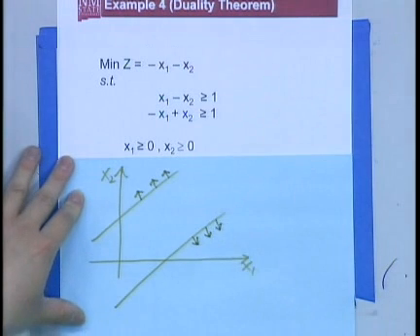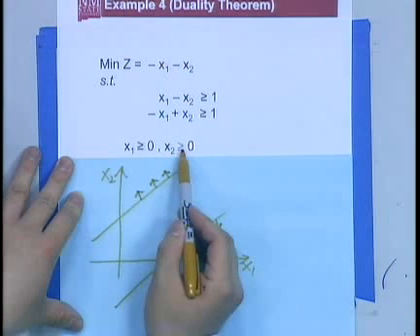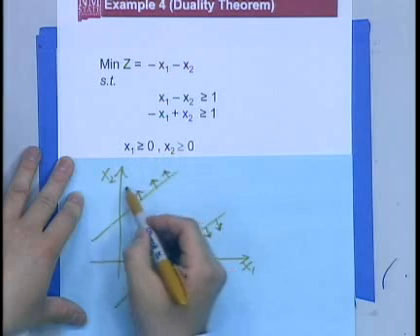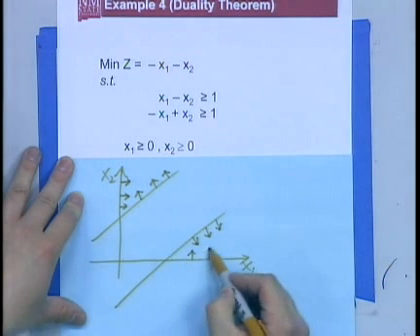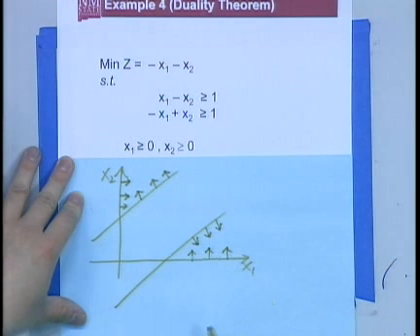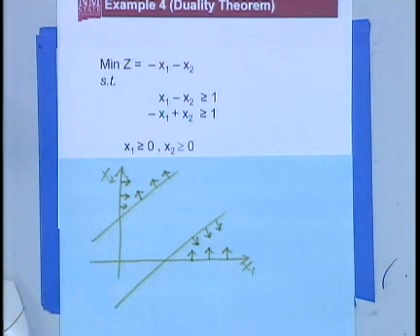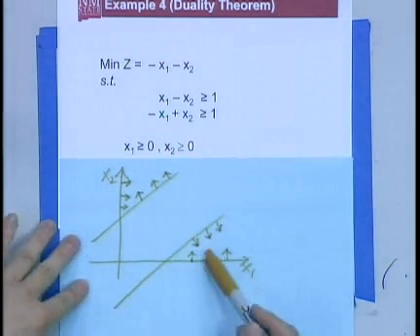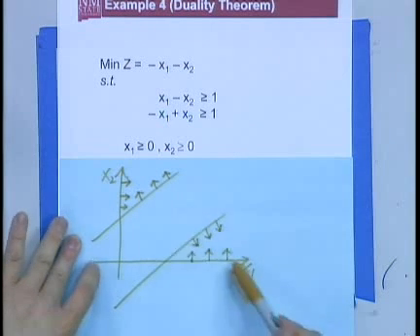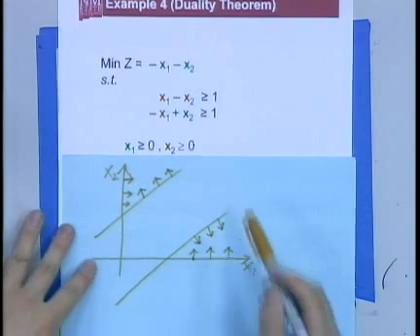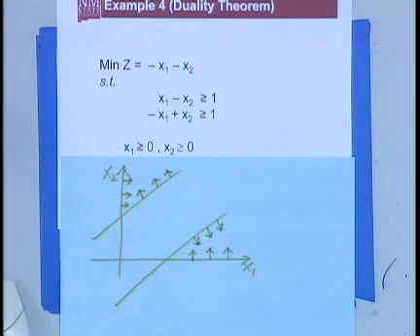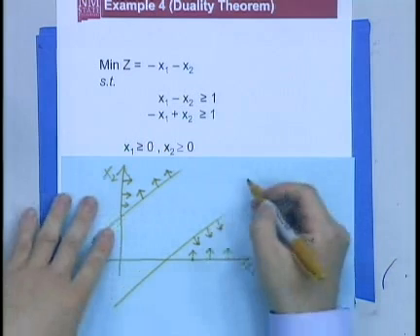Because of the non-negativity restriction for both decision variables, the feasible region would be this direction. So again, in this case, the feasible region contains no points, because no points satisfy all the constraints. It is infeasible.